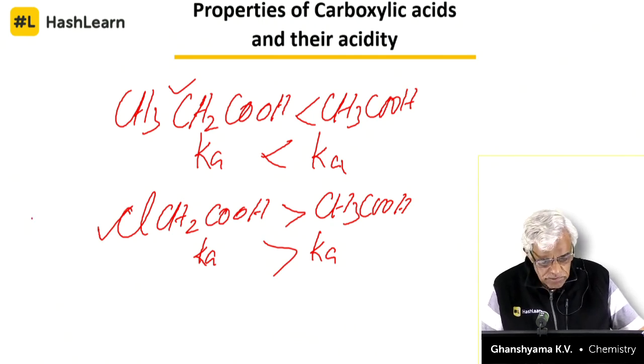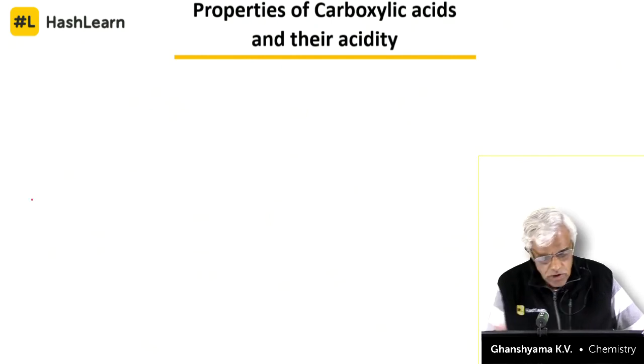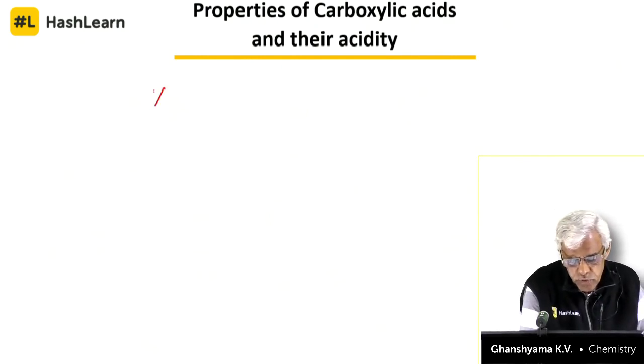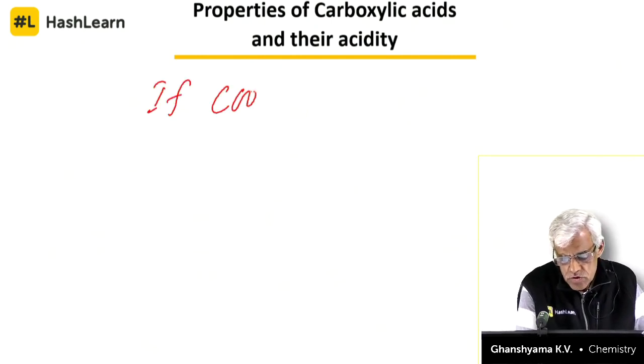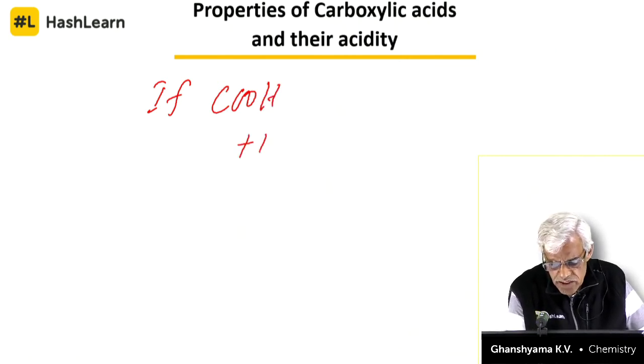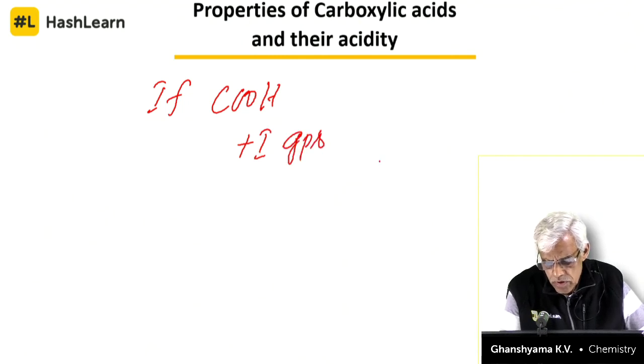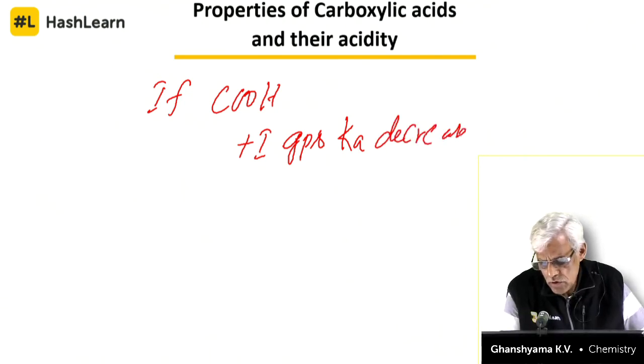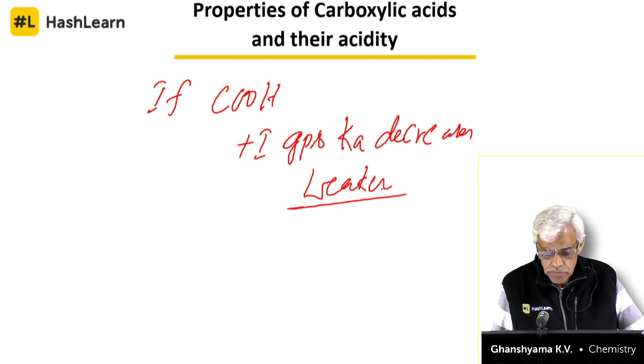Okay, going back. If COOH is connected to plus I groups like CH3, C2H5, etc., the Ka value decreases and the acid becomes weaker.